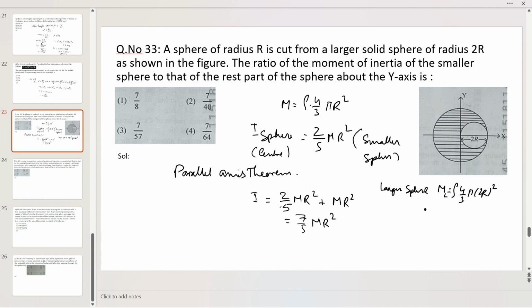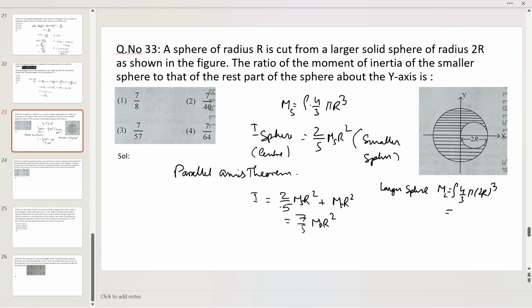Let us take L for large and S for small, so the smaller sphere is S. Sorry, I made a mistake again: the volume of a sphere is 4 by 3 pi r cube, so this is also cubed.